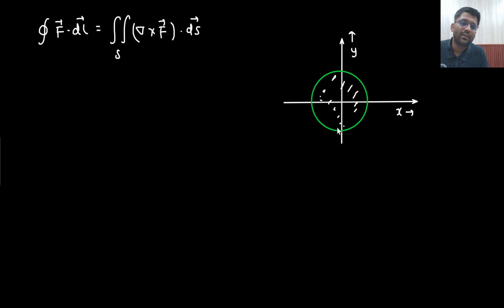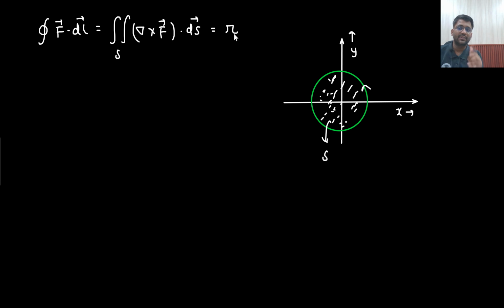Now, if this was my closed curve, and they were asking me f dot dl for this closed curve, what I could have done is calculate del cross f dot ds with this as my surface. Will it give the same answer?